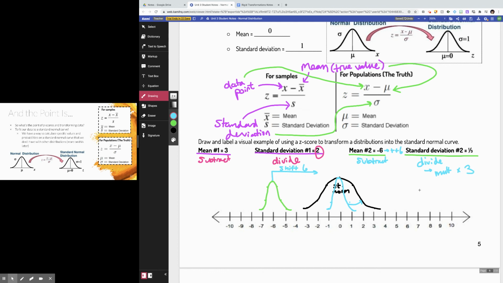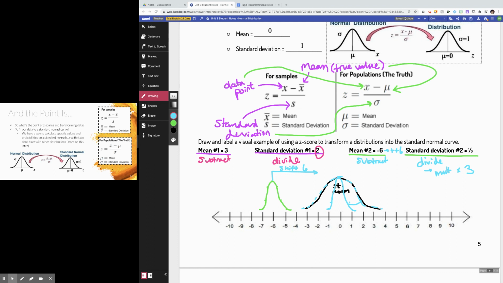So I'm taking it and enlarging it, pulling this blue tail out here so that it fits right on top of my standard normal curve. And as soon as it sits on top of my standard normal curve, I can use all of my standard normal tools, which you're going to learn about more in the next section.